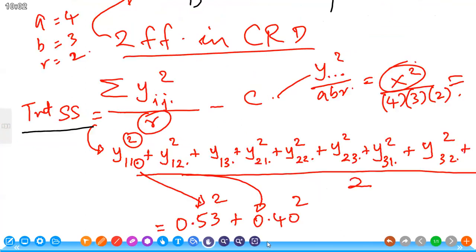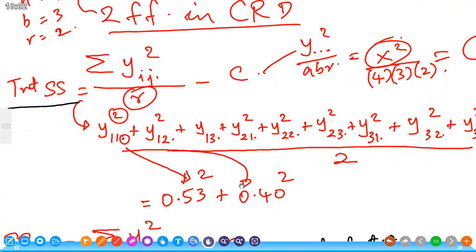Similarly, when you calculate the sum of squares of treatment, how many observations are we adding before squaring? 2. What is that 2?